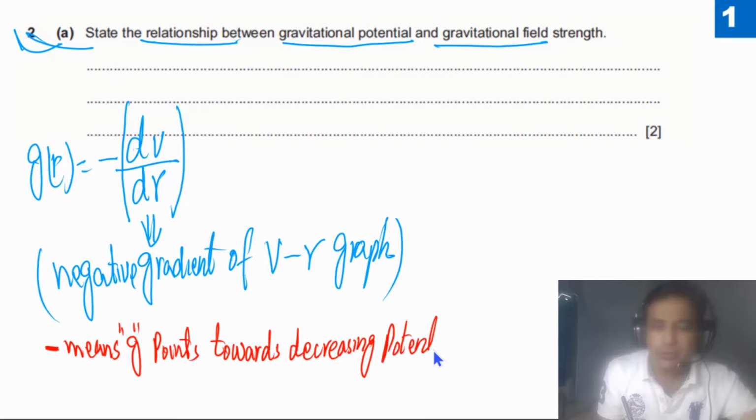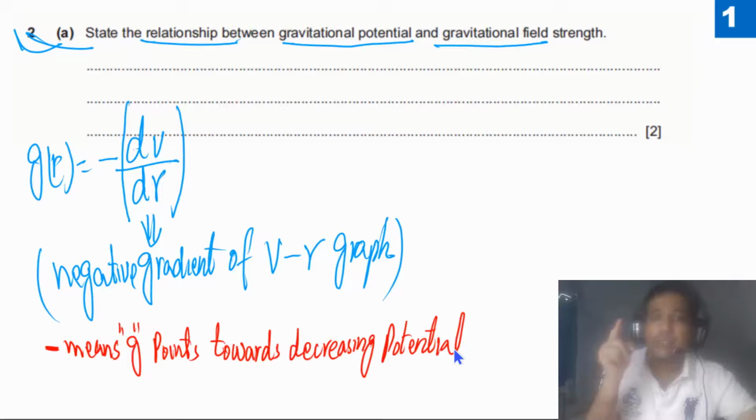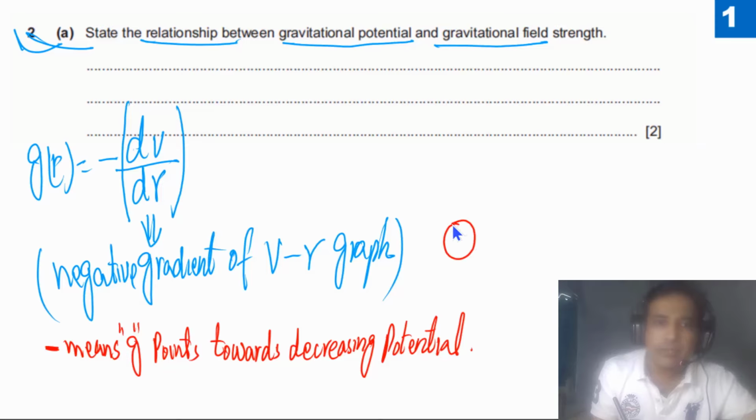Which way is potential decreasing? g is directed in that direction. You can also understand this with a very basic example. Let's say this is a sphere, a massive object. If we go up, potential will increase.